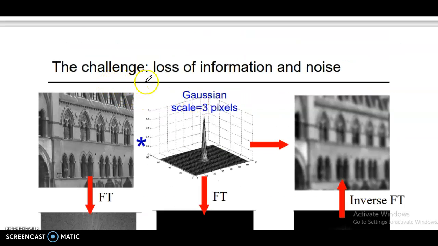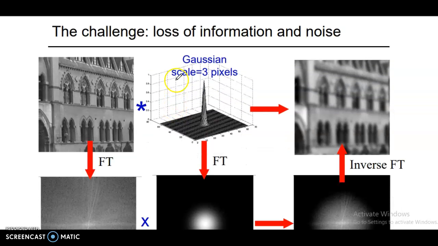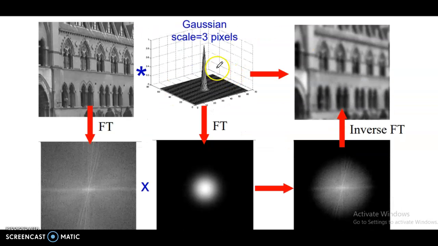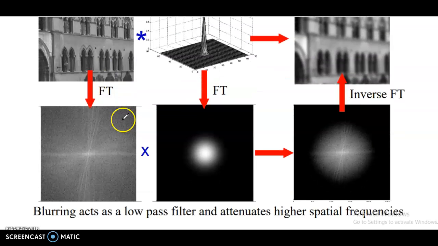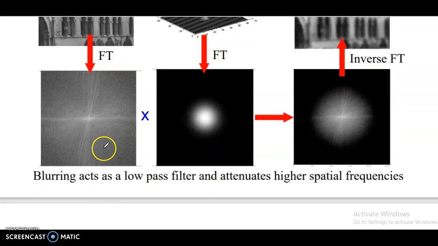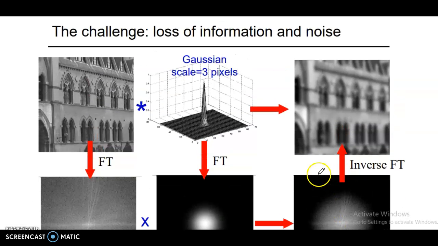The challenge is loss of information and noise. For the Gaussian, this is the Fourier transform. Blurring acts as a low pass filter and attenuates higher spatial frequencies.